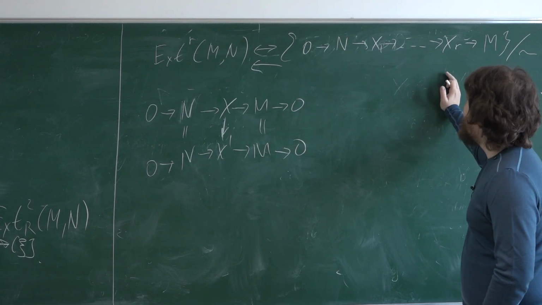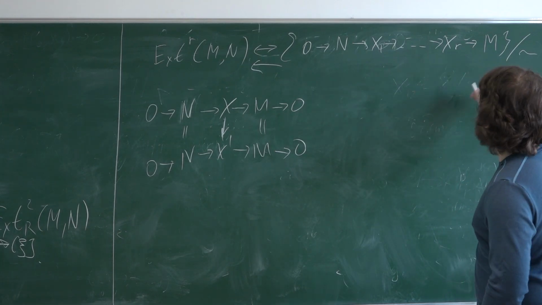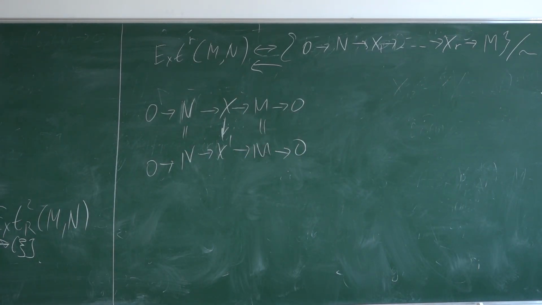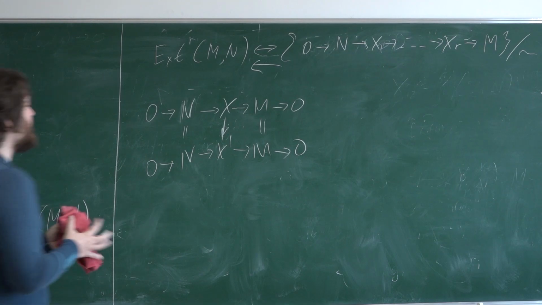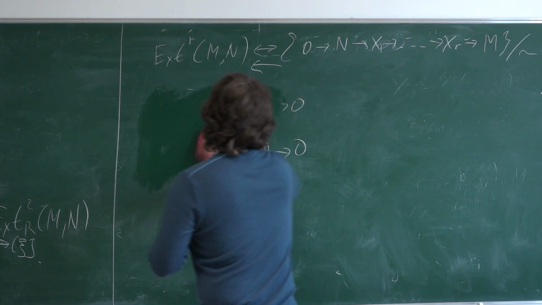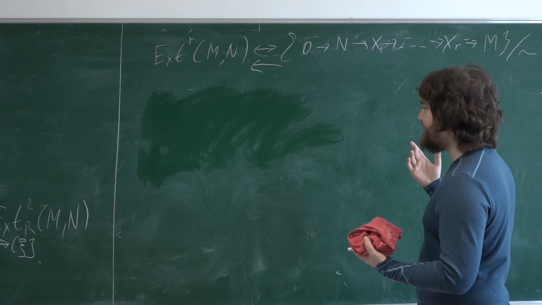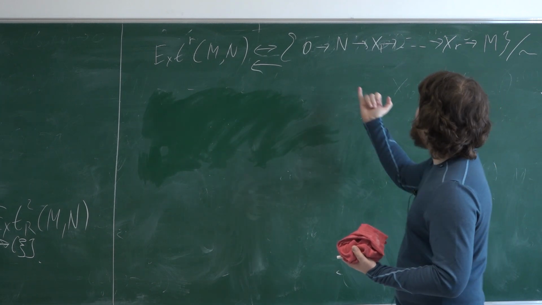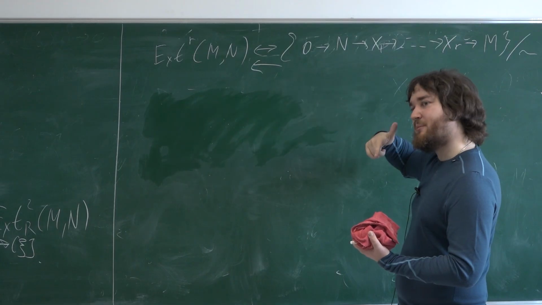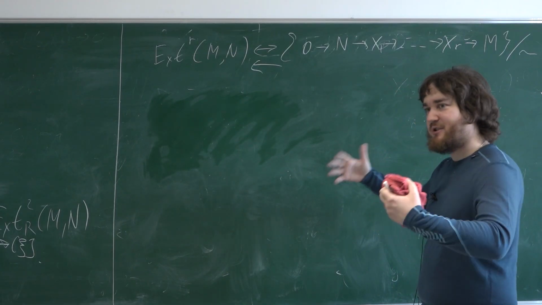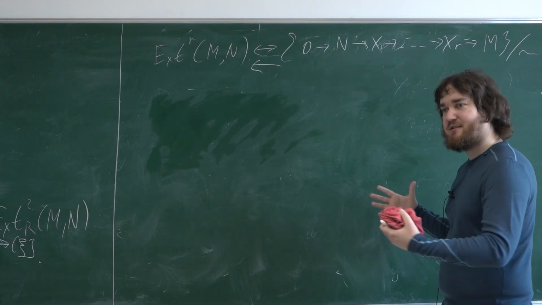In general, you consider the equivalence relation which is generated by any map. You say that two extensions are equivalent if there exists a map from one to another or in the opposite direction, and then you consider the minimal equivalence relation which contains this relation.